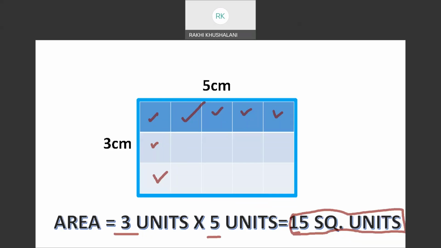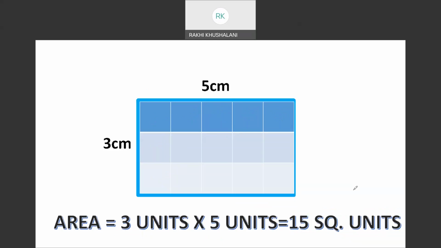If I would have told you that every square is 1 by 1 centimeter, then here it would have been 15 square centimeter. If I would have said this is 1 centimeter, and this is also 1 centimeter, meaning all 4 sides are 1, then instead of writing units, I would have written square centimeter.